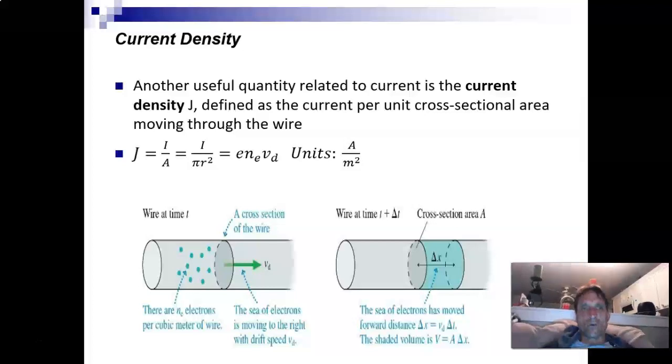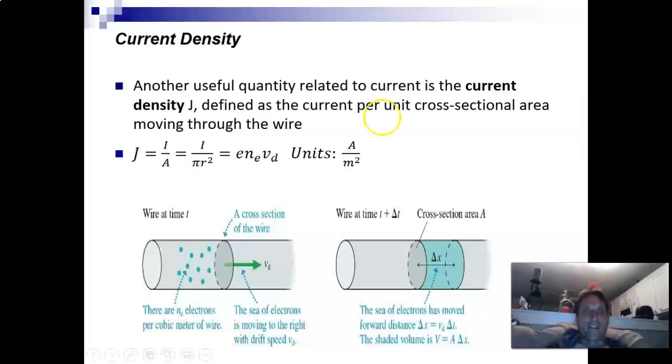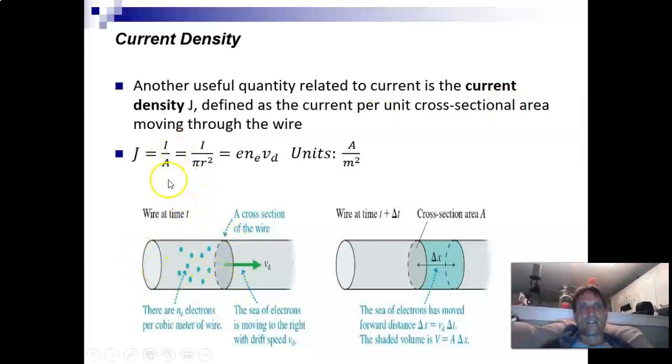Another useful quantity that's used when we talk about current and the flow of electricity through a wire is what's called the current density. That's obtained by taking the current through the wire and dividing it by the cross-sectional area A, and that's in amps per meter squared.